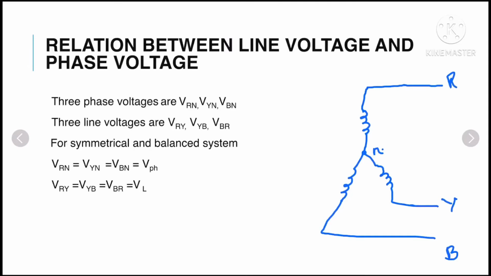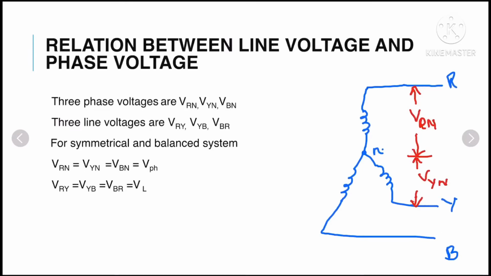Now we will try to mark the values. The voltage between the R phase and neutral will be denoted as VRN, or you can consider it as VR also, no problem. Similarly, the voltage between neutral and Y will be VYN.